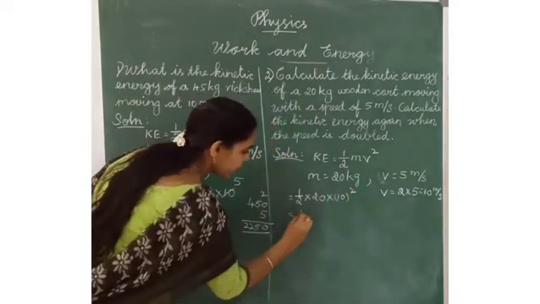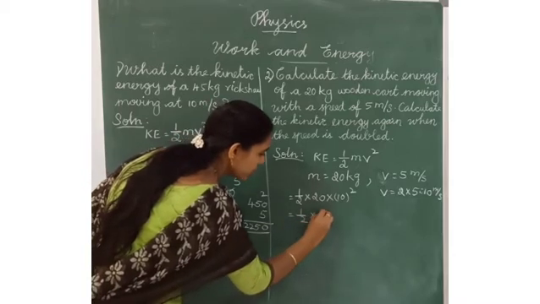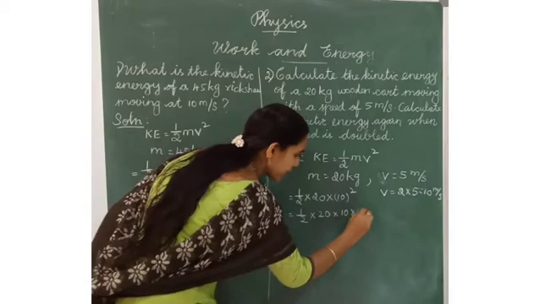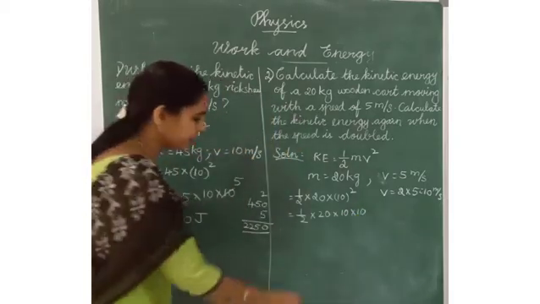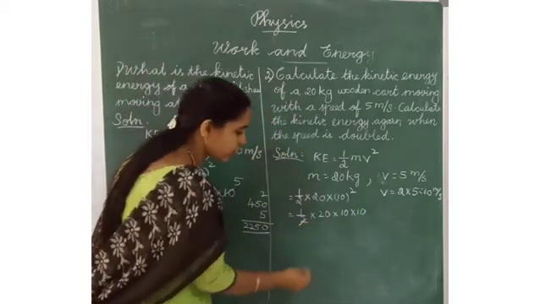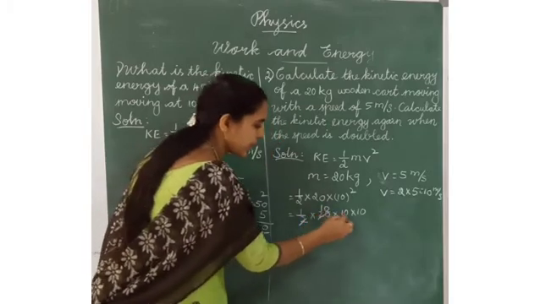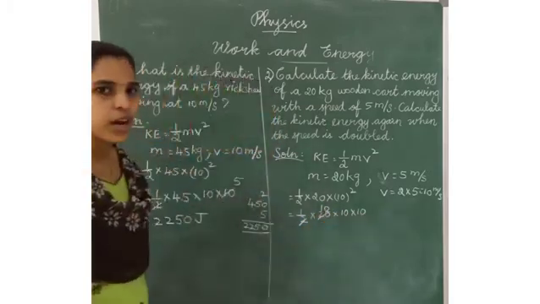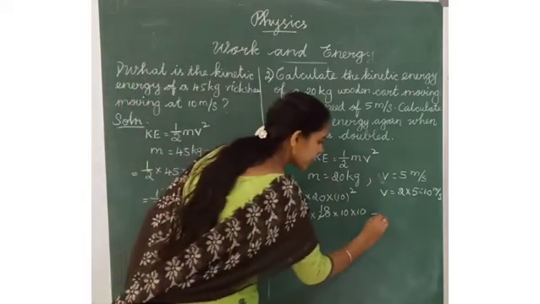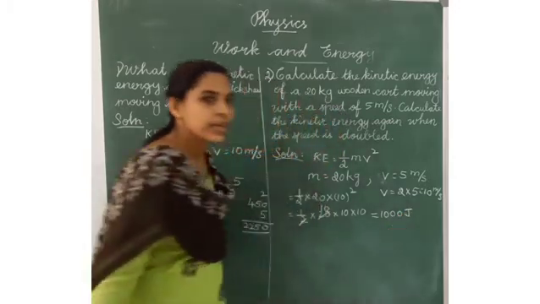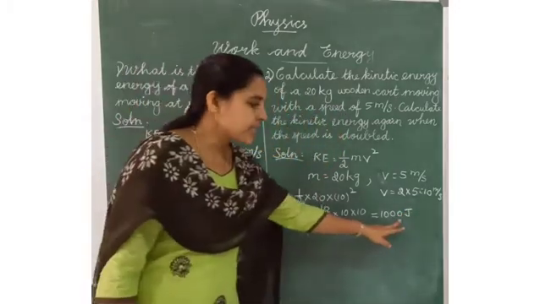Again we have to write 1 by 2 into 20 into 10 into 10. Cut this number: 1 2 is 2, here also 1 2 is 2 and 0. 10 into 10 into 10, how many? 1000. 1000 joule. The answer is 1000 joule.